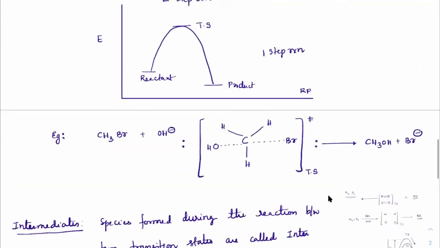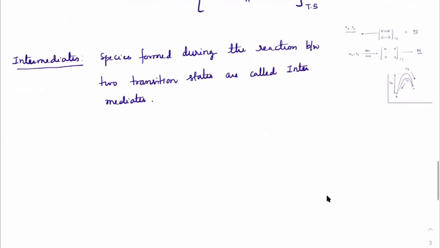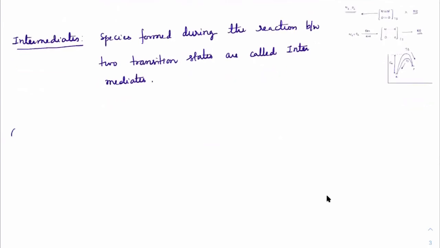So whatever we have written earlier, carbocation, carbanion, benzene, these are all the various intermediates which are forming between the two transition states. Out of which the first one we will be studying is carbocation.